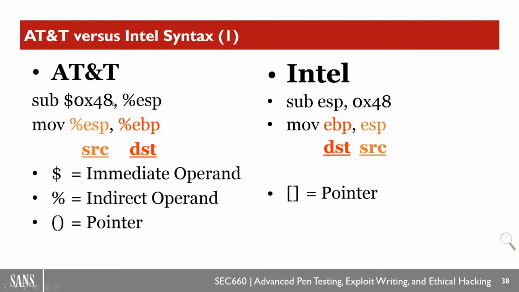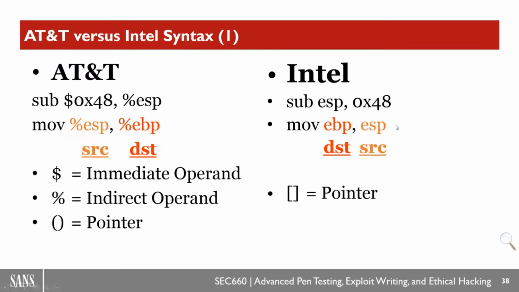So we're subtracting 48 bytes hex from the address stored in the stack pointer. In the Intel flavor, the same instruction, we reverse the operands. So instead of subtract this from that, it's subtract from this that. So we switch the operands if there's two.